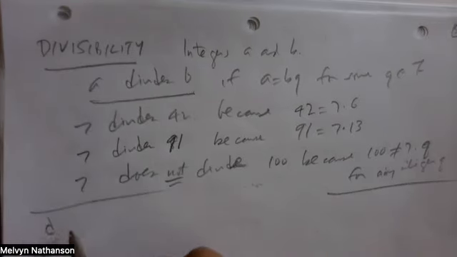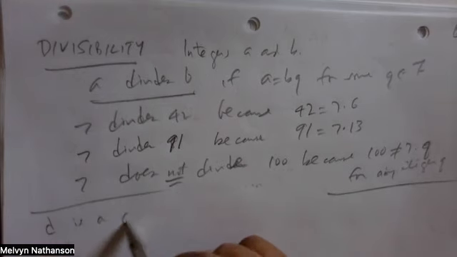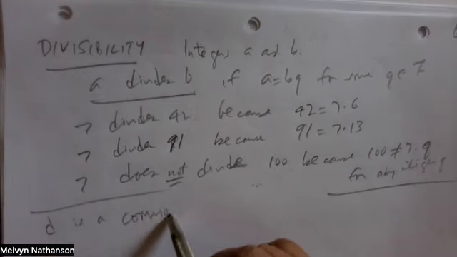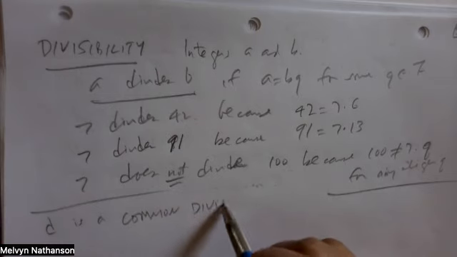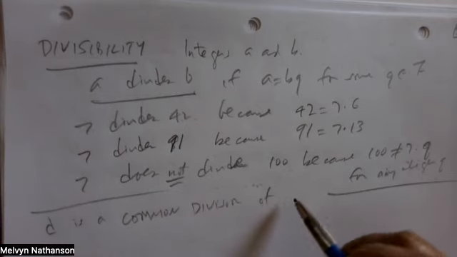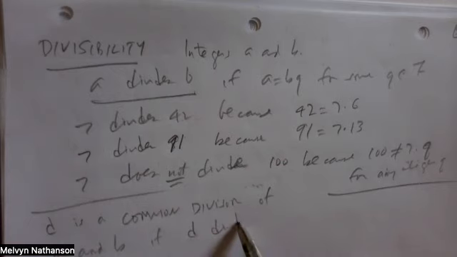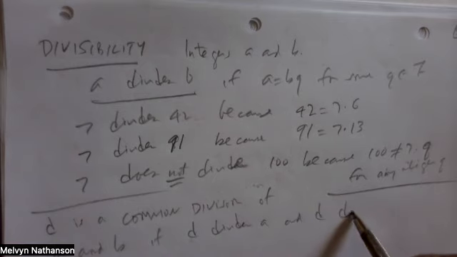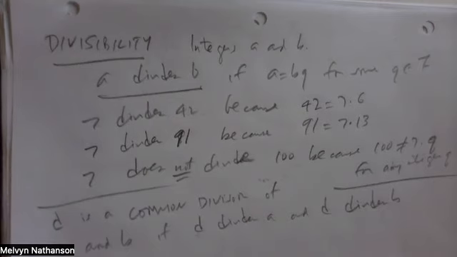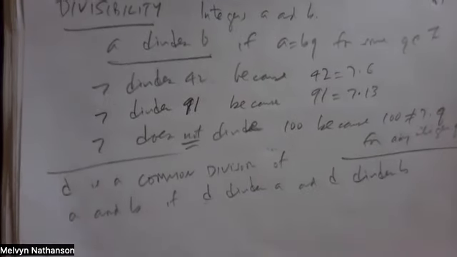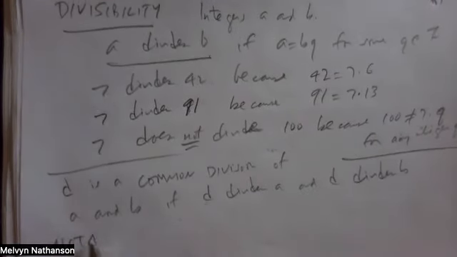We say that an integer D is a common divisor of integers A and B if D divides A and D divides B. In fact, maybe I should just introduce it right away, the basic notation.